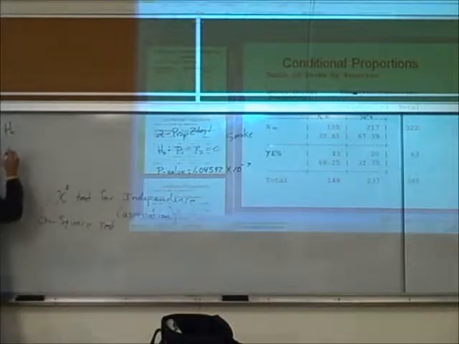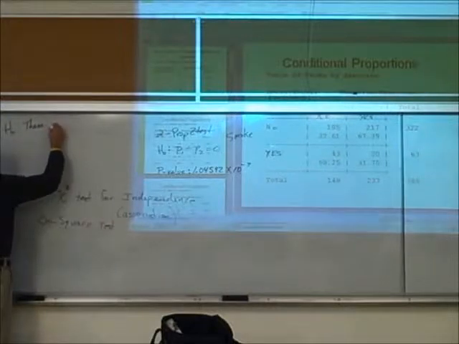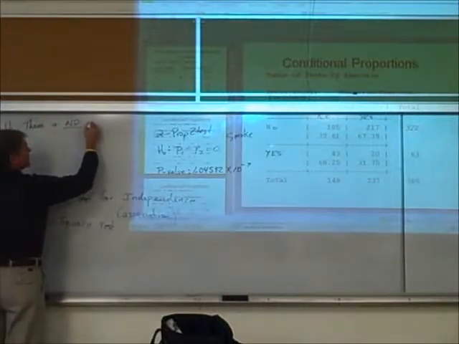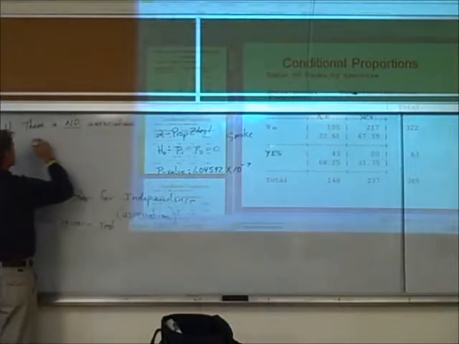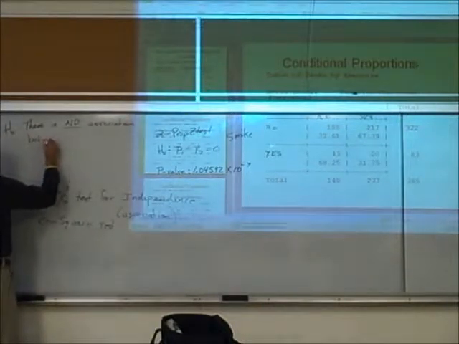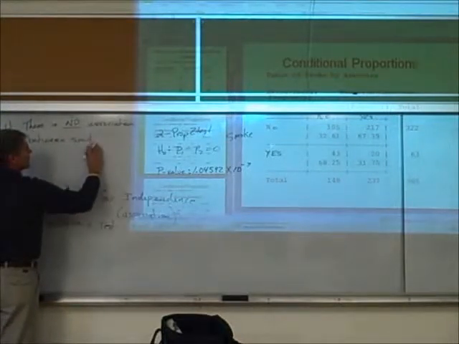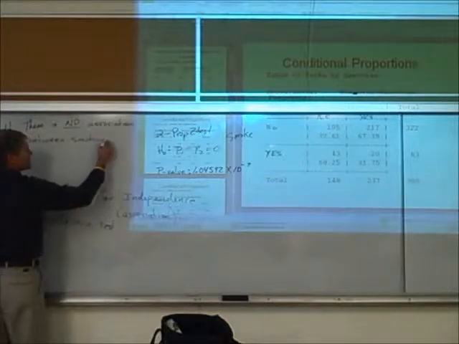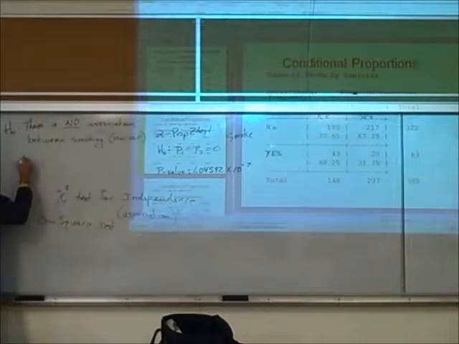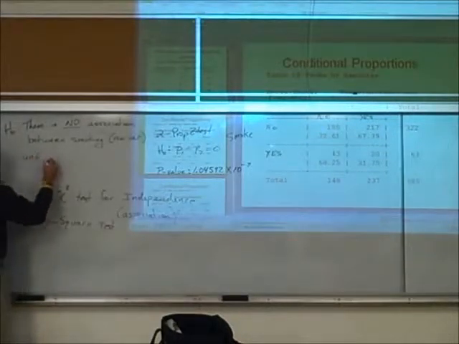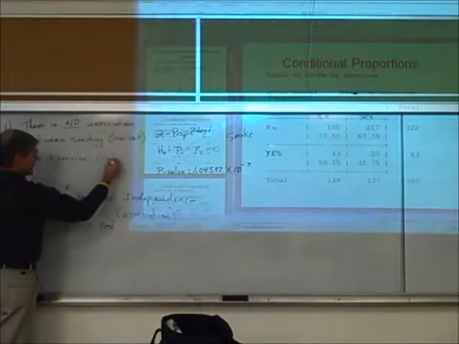For a chi-square test, the null hypothesis is there is no association between smoking, and then in parentheses, to make it general, I'm going to say that's my row variable, and exercise, and that's my column variable.